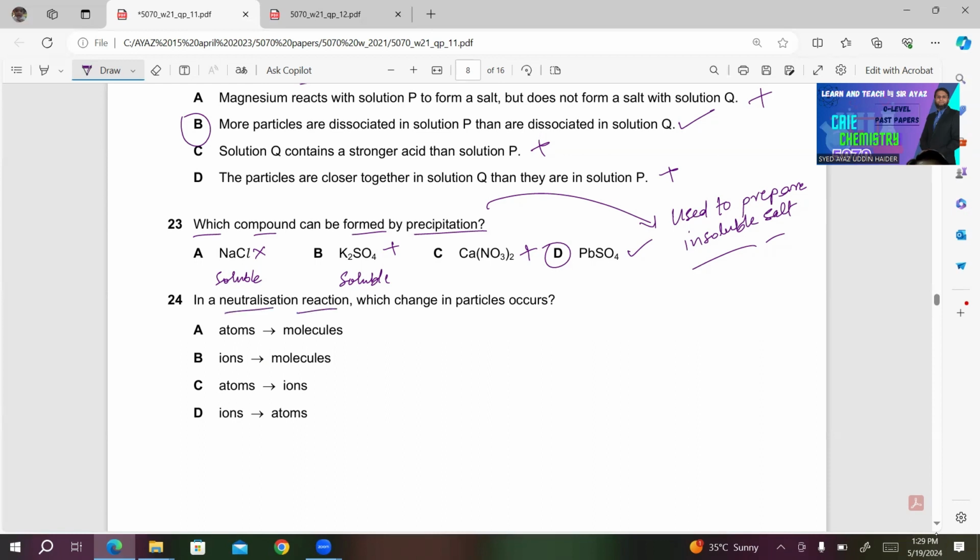24. Neutralization reaction, which change in particles occurs? So you can have a neutralization reaction between two ionic substances. For example, you have an alkali, which is an ionic compound, plus you have an acid also in the ionic form.